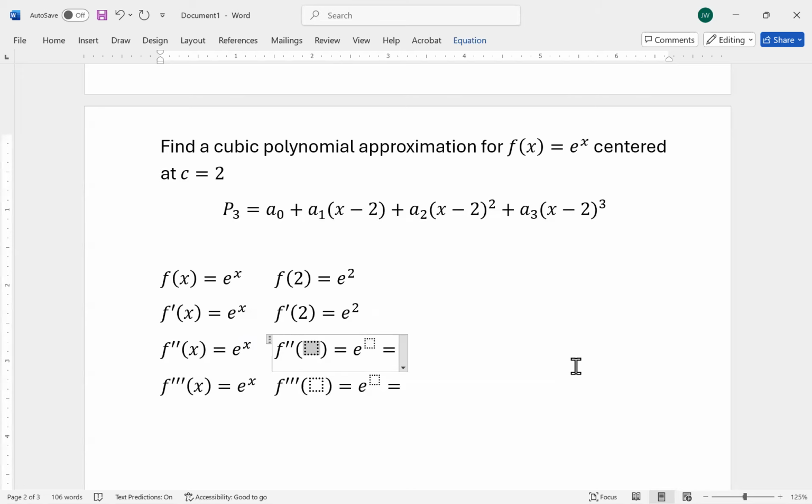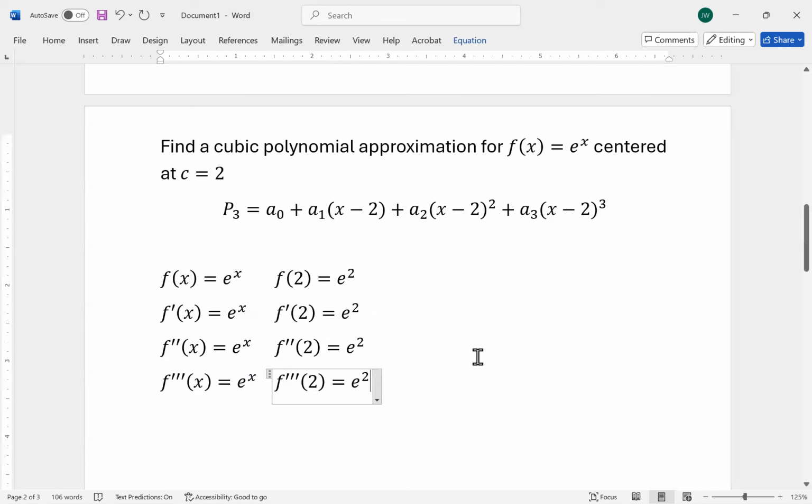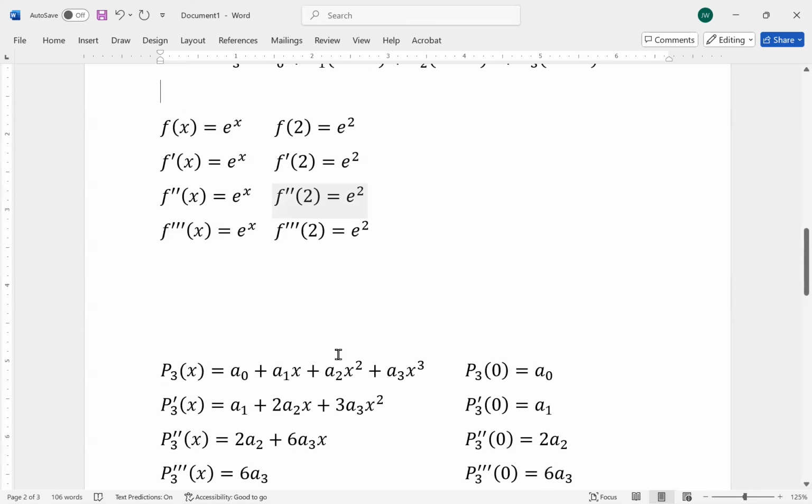So we plug in 2. Again, this is all if I'm doing this by hand, which is what people were doing when this was first developed. So in every single value and in every single derivative, we get the e squared.